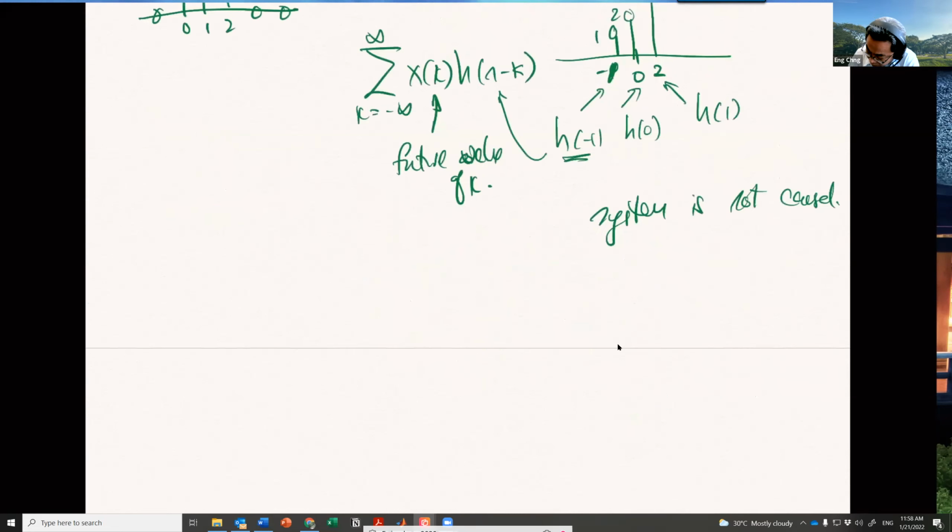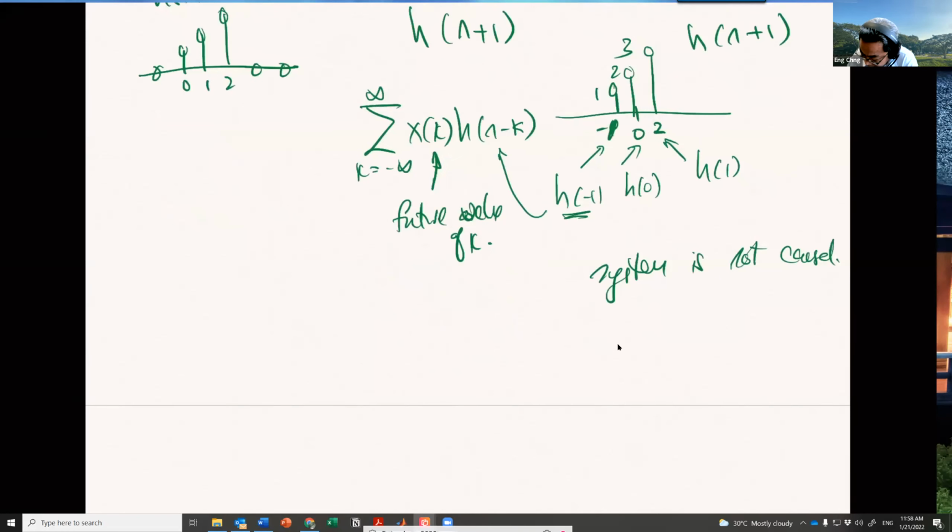Maybe I should say, if I have an h of n that looks like this, -1, 0, 1. Sorry, I take it back. I say my impulse response must look like this, meaning that before time 0, values exist.